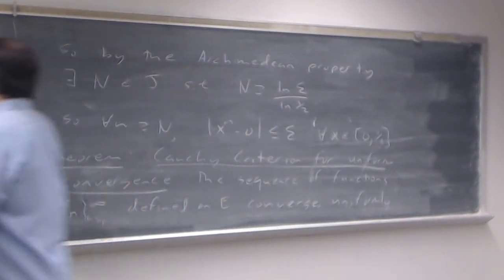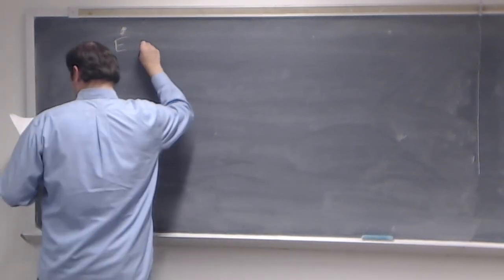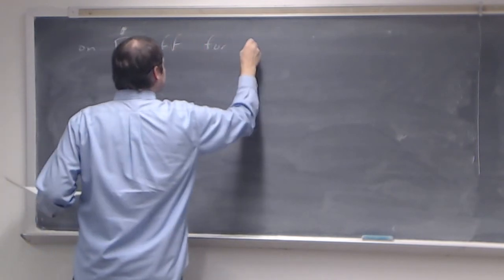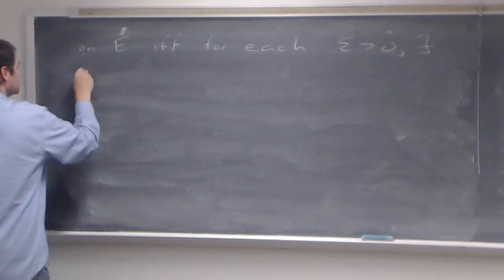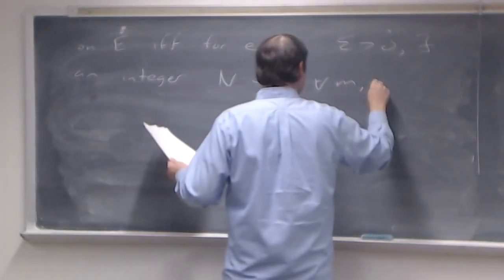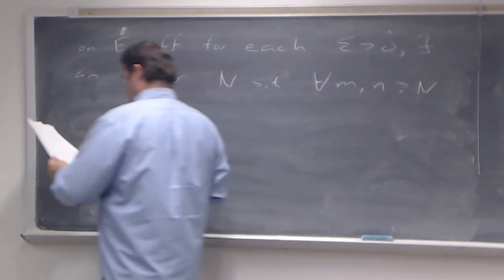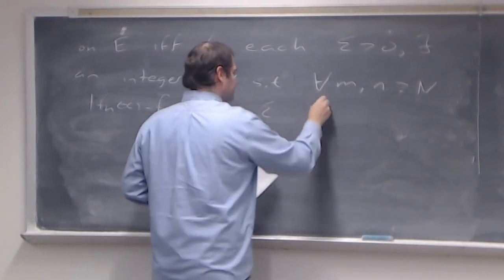It converges uniformly on E if and only if, for each epsilon greater than 0, there exists an integer N such that for all m and n greater than or equal to this big N, the absolute value of f sub n of x minus f sub m of x will be less than epsilon, and that's for all x element of E.